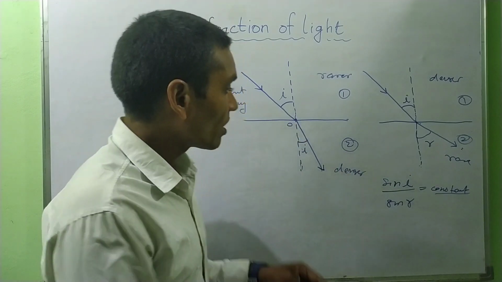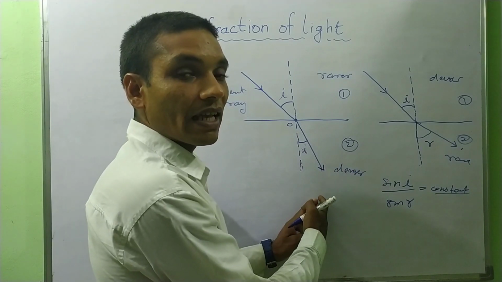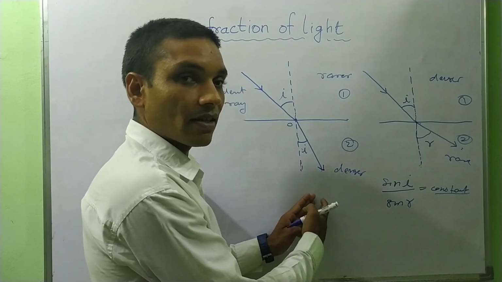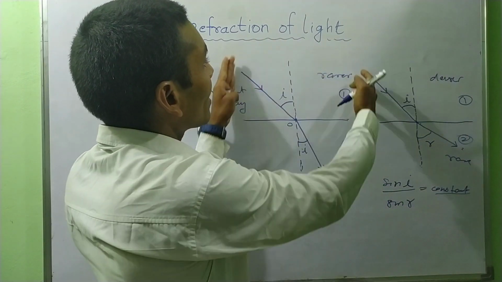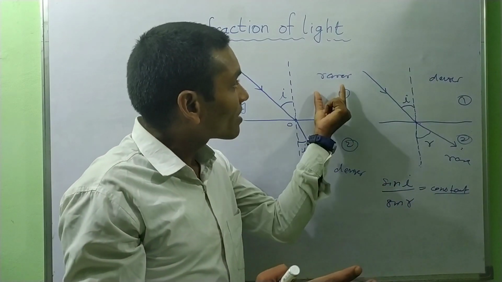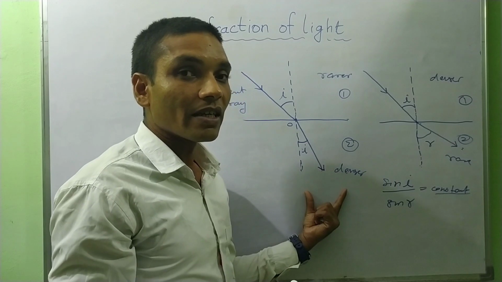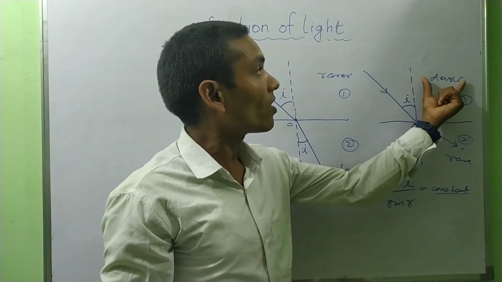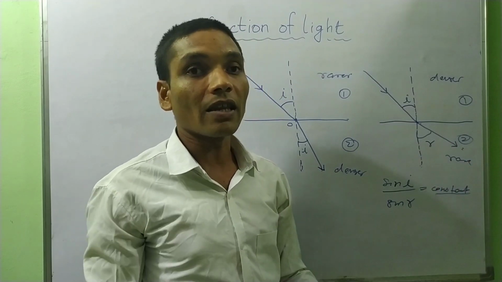Because the material of the second medium is dense with respect to the first medium, which is rarer, this is called optically rarer and this is called optically denser.